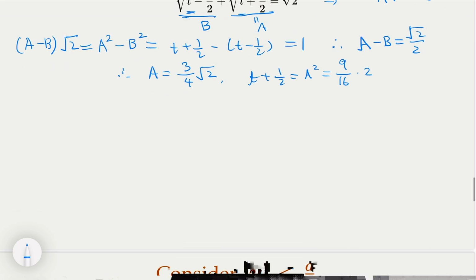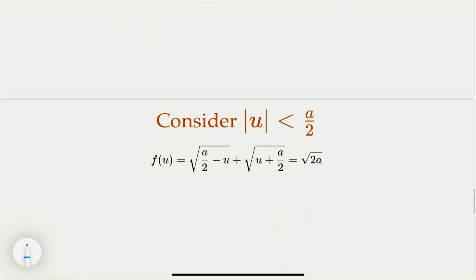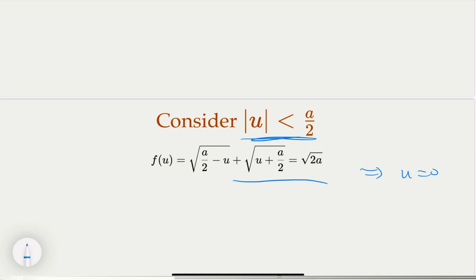So if you consider the other case, you can derive that u equals 0. I skip the steps. You can use the AM-GM property here to make the argument.